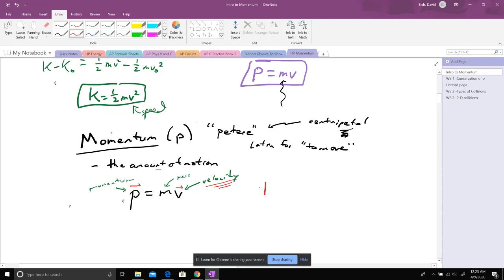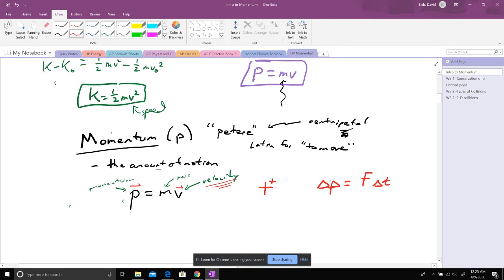When I do a problem, I like to set up my little coordinate axes and assign which way I'm going to call the positive direction. Well, I better make sure that my signs on my V's and my P's are correct. Not only that, if I want to change the momentum of a system, we just figured out that that's going to require an impulse, which is a force through a duration.